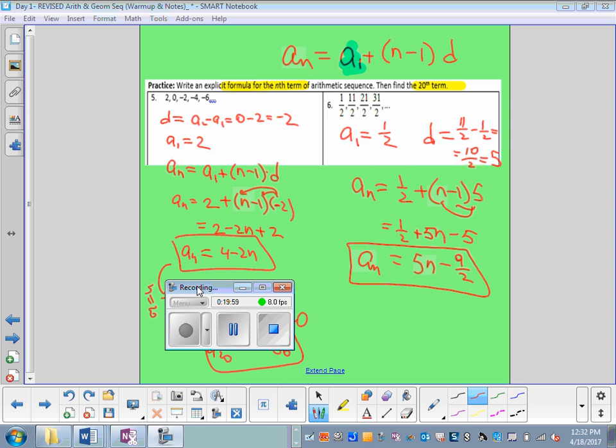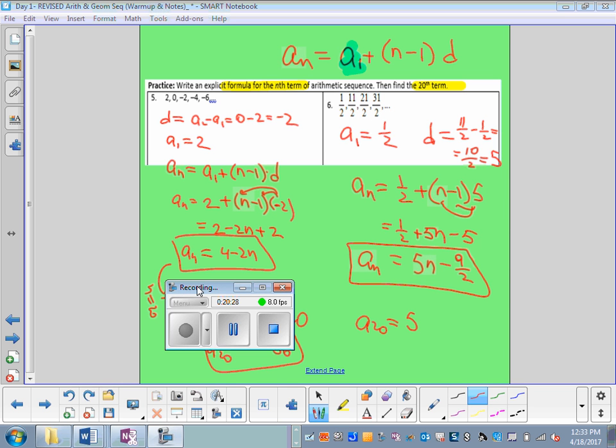Questions? Now, how do I figure out what my A20 is? I can use this formula with n equals what? When I use this formula to find A20, my n, just n, not n minus 1, is 20, right?